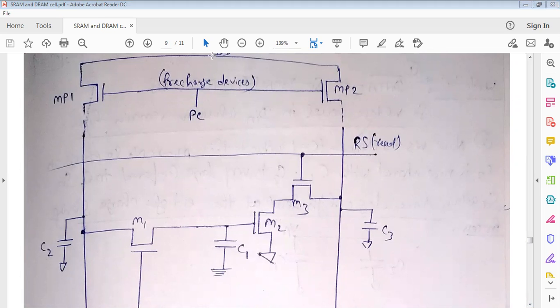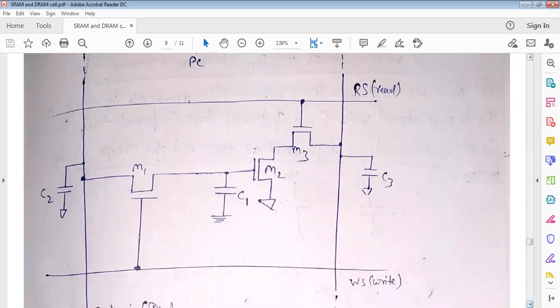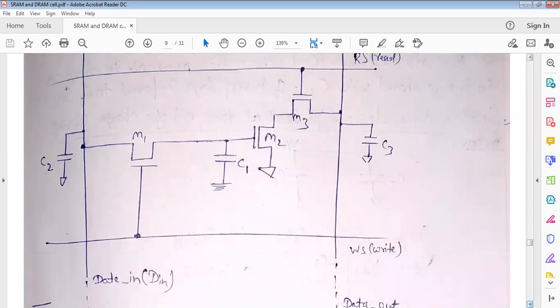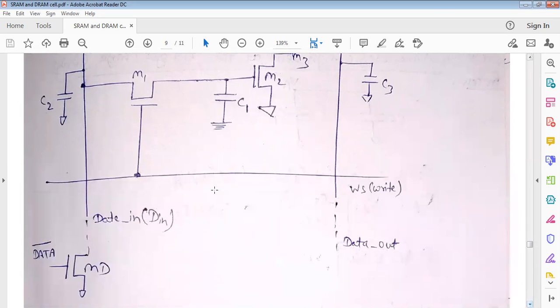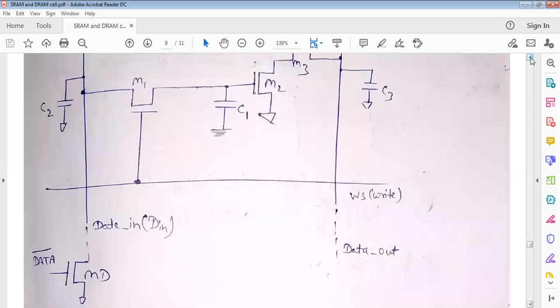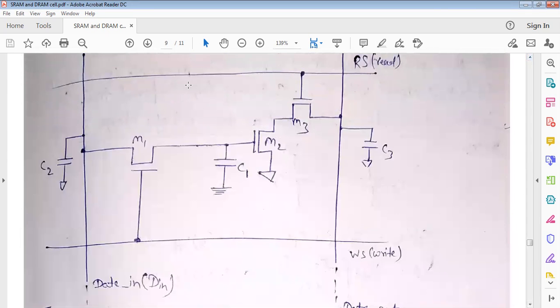So this is the structure of the 3 transistor DRAM cell. Here you can see this is the 3T DRAM cell. These are the 3 capacitors that you can see, C1, C2 and C3.